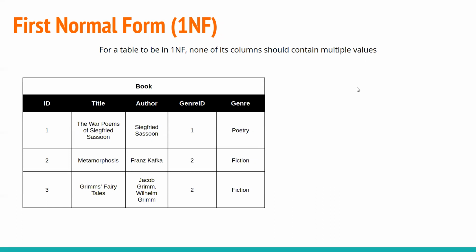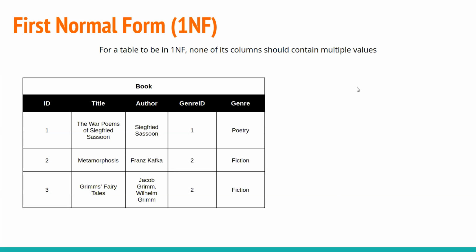1, 1, 2, 2. Let's see. ID and genre ID. Oh, okay. No, but remember, those are different columns, Taddy. ID is a separate column, and each field in ID only contains one number, right? Title looks fine to me as well.